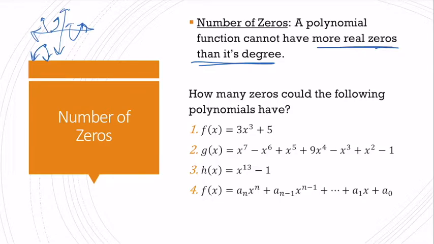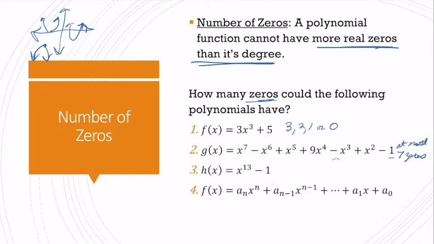So for example, f of x equals 3x cubed plus 5, it could have at most 3, but it could have 3, 2, 1, or 0 zeros. For g of x equals x to the 7th minus 6 and so on and so forth, this could have at most 7 zeros.